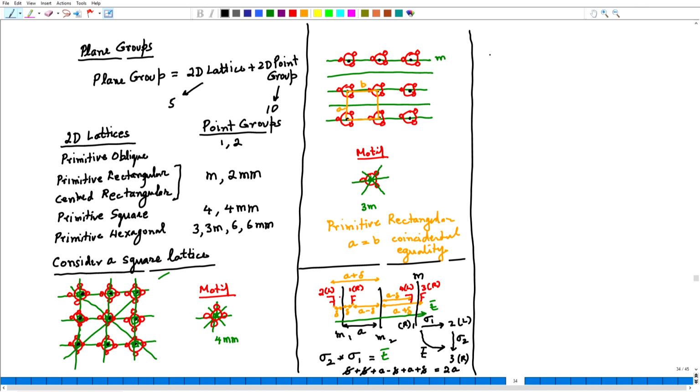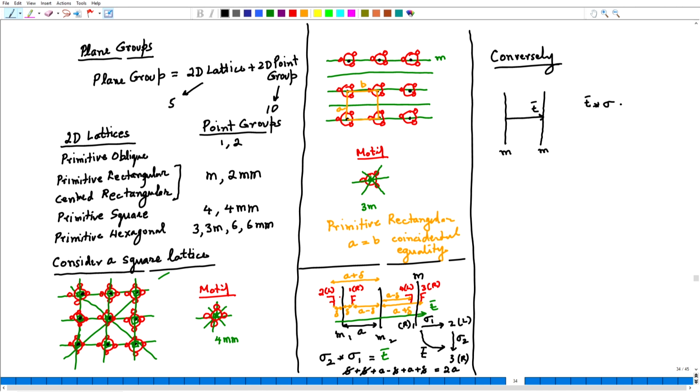Now, conversely, if I had a mirror and a translation T, this translation will take this mirror here as well, but what I have essentially is reflection followed by translation.